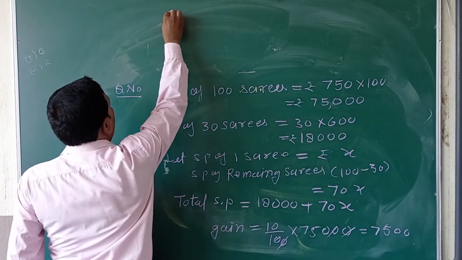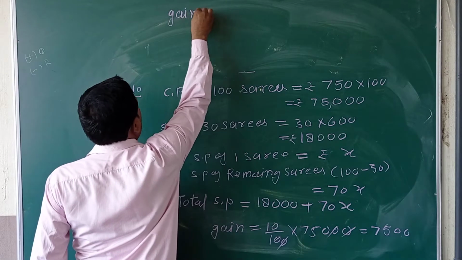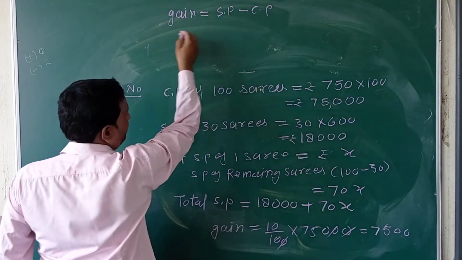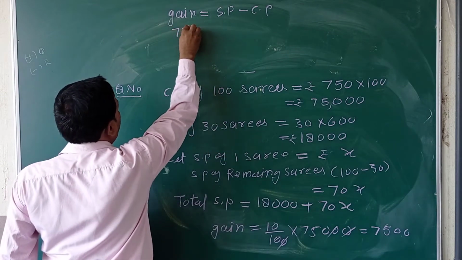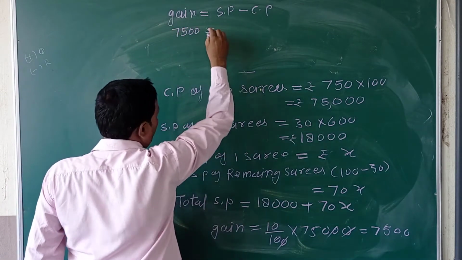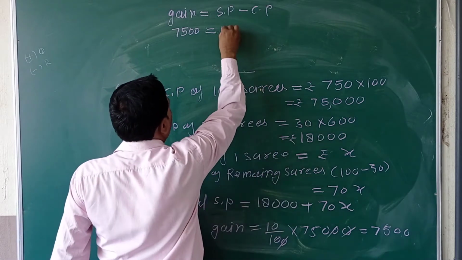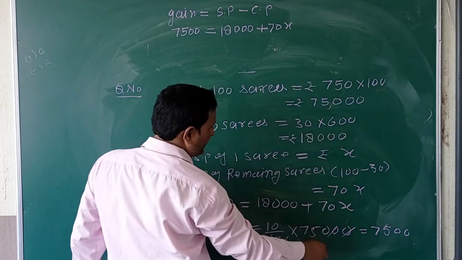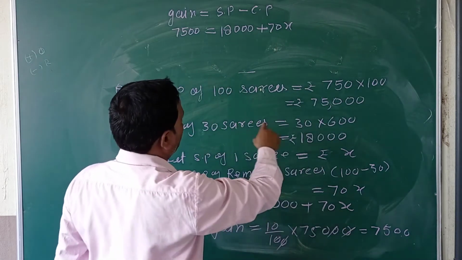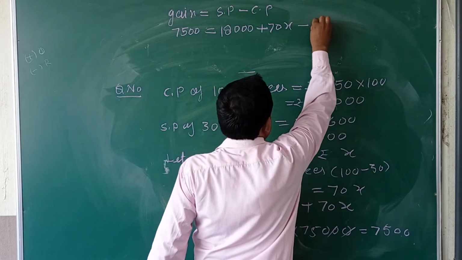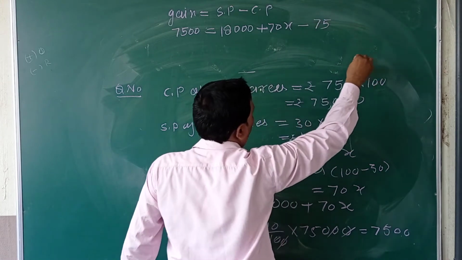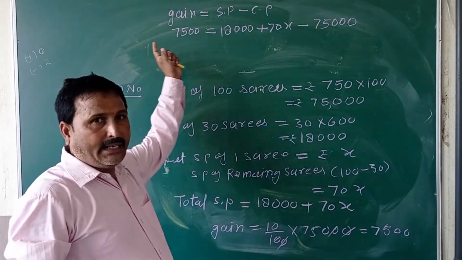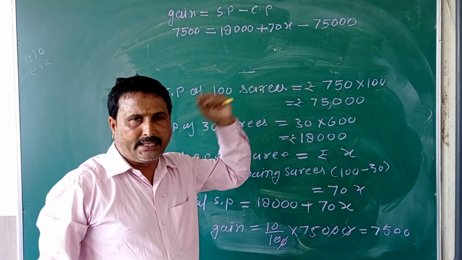Now, gain is equal to SP minus CP. Gain is 7,500, total SP selling price is 18,000 plus 70x, minus CP 75,000. I have given this relation, and you simplify it and you will get the answer.